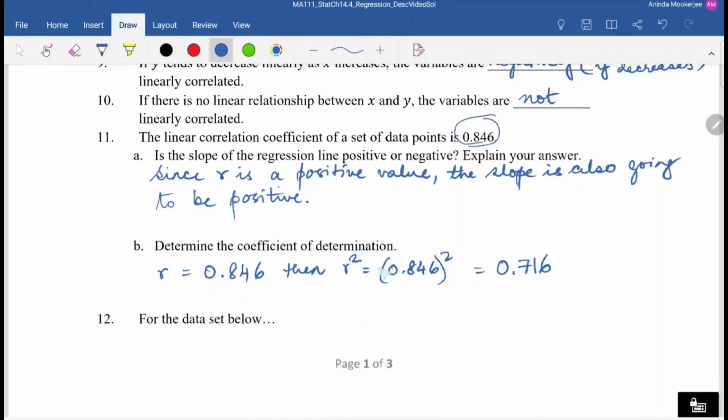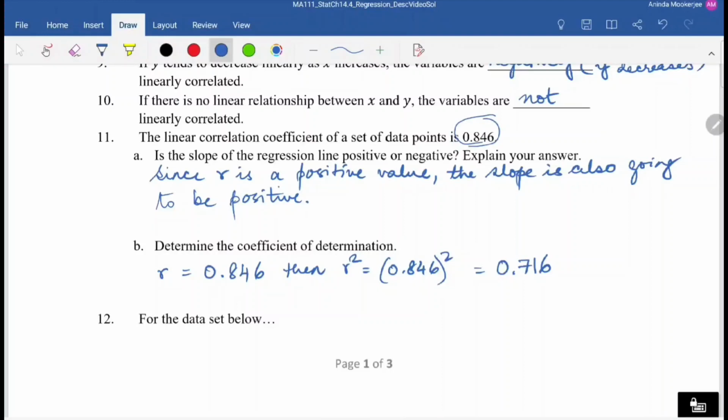However, if you're given r squared, it is not advised to take its square root to come up with a value of r, because you will not know whether r is positive or negative. When you take the square root of something, it can be a positive value or a negative value.